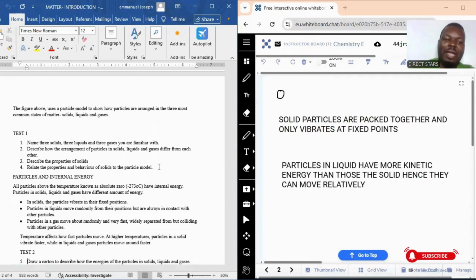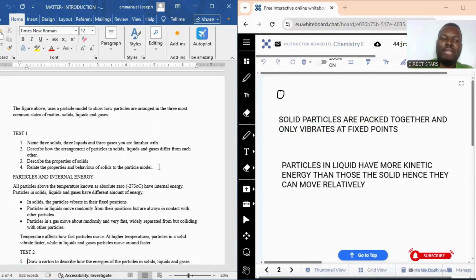Gases, on the other hand, move about randomly and very fast. They are widely separated. And like I said, the reason for this is because they have high kinetic energy, in fact, higher than the particles of the other states of matter.